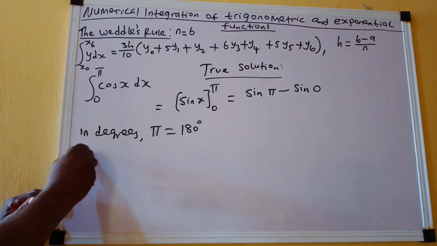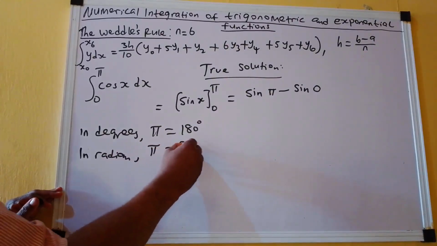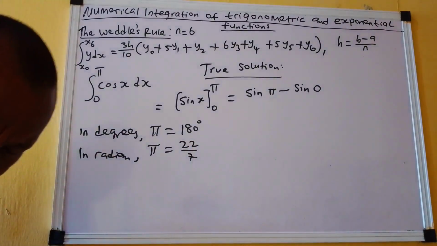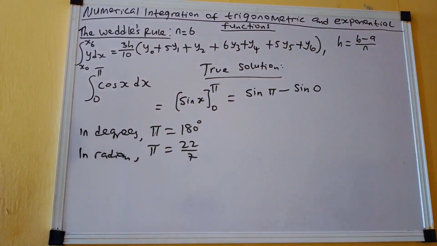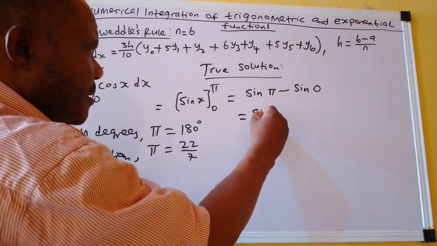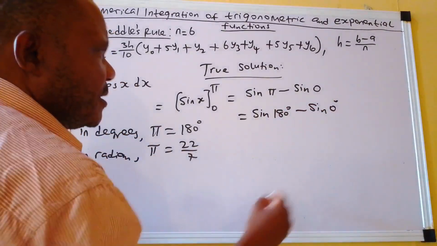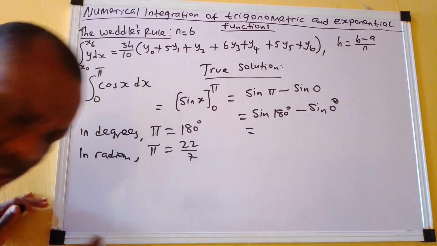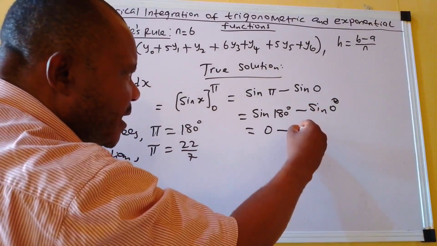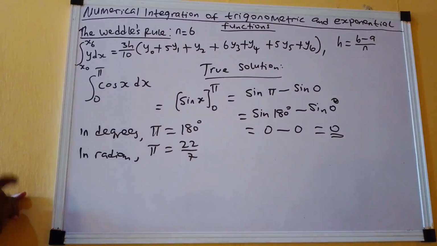Then in radians, pi is equal to 22 over 7. If we now check the value for sine, this will be equal to sine 180 degrees minus sine 0 degrees. Sine 180 degrees is 0, minus sine 0 degrees is 0, so our answer to this particular problem is 0.